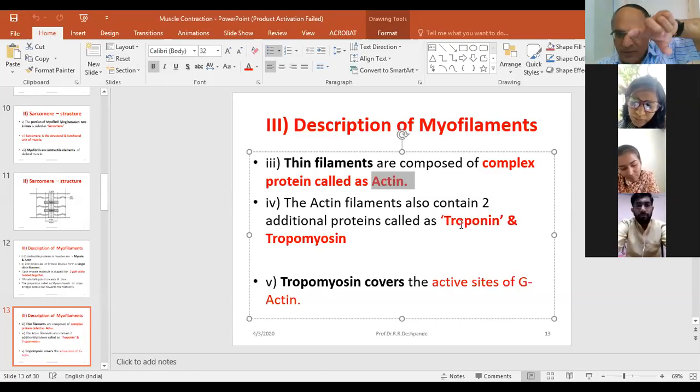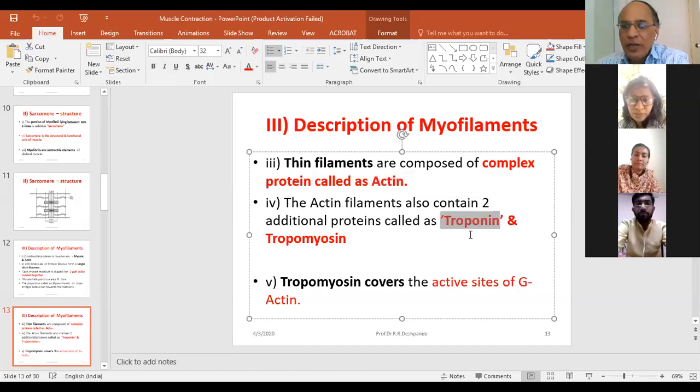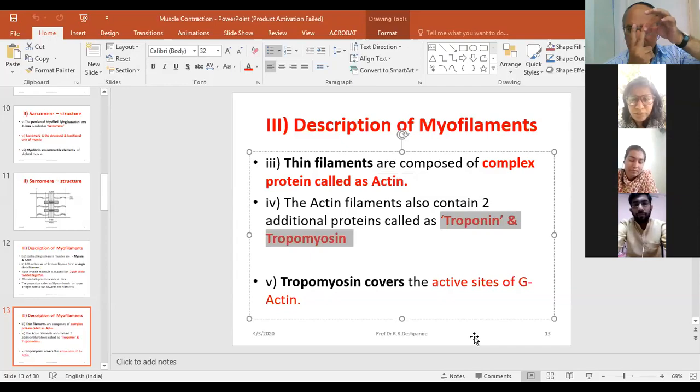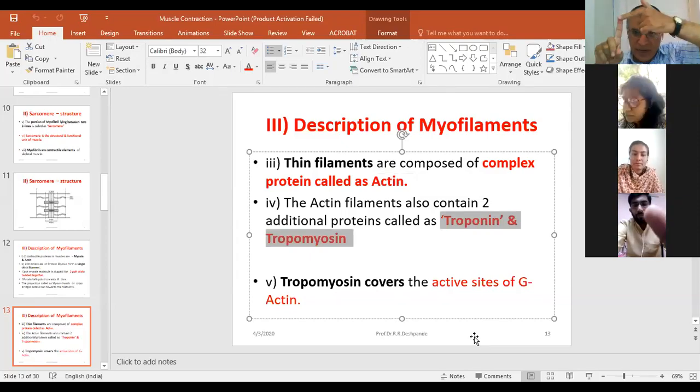Actin filament contains, actin itself is a protein, but it also contains, write down these names, troponin and tropomyosin. Basically only two filaments, myosin and actin. But in actin, there are again troponin and tropomyosin. There is an addition. Don't forget this.